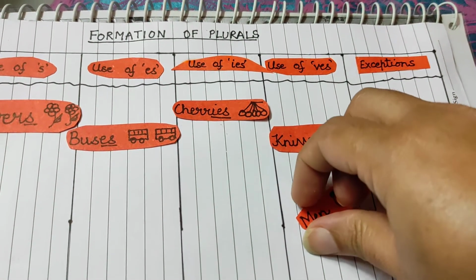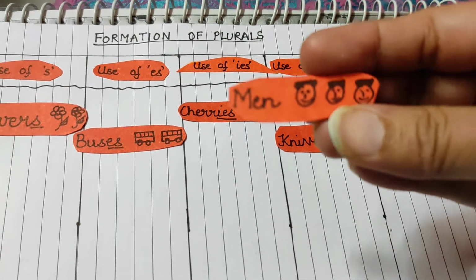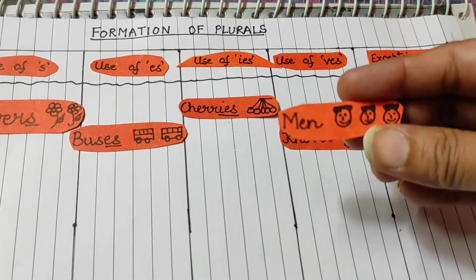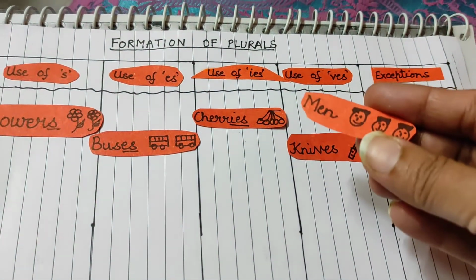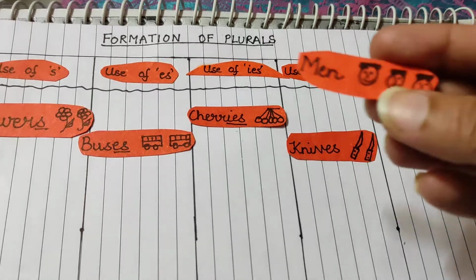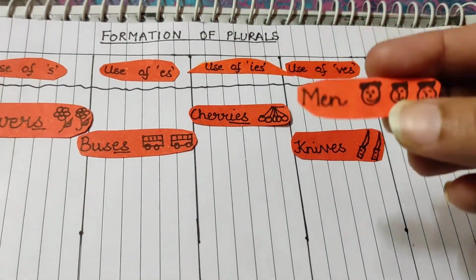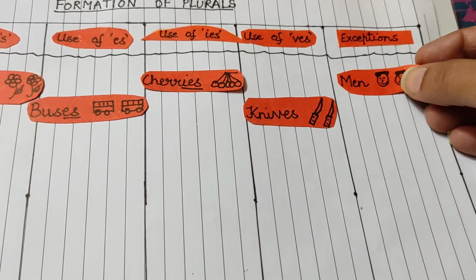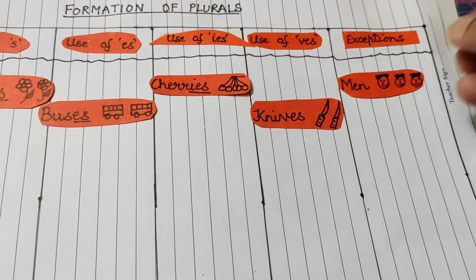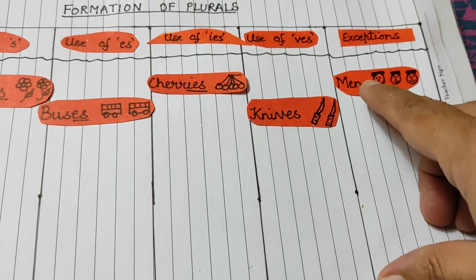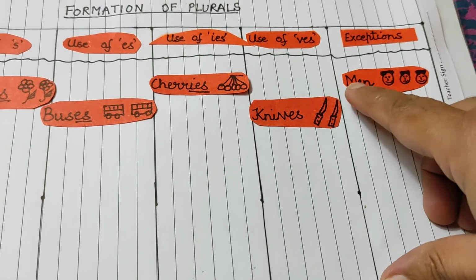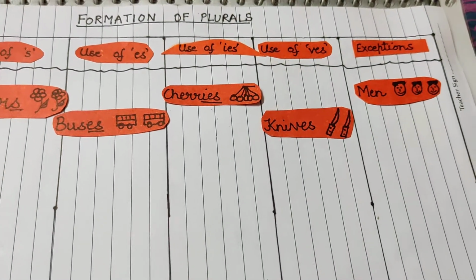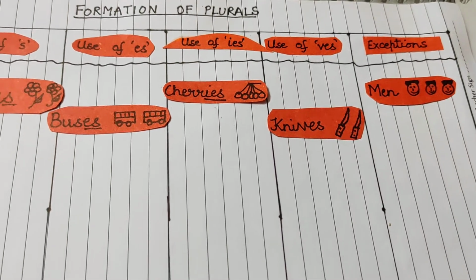Now the last strip states men. Now men, you can see it is not following any of these rules. Neither we are adding S nor ES, IES, VES, nothing is added. But it has an entirely different plural because the singular is man, and man changes to plural by simply changing the middle letter, that is A to E, right?